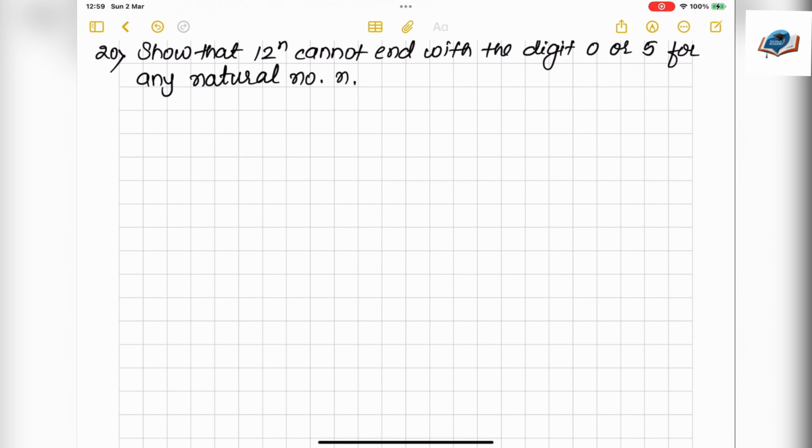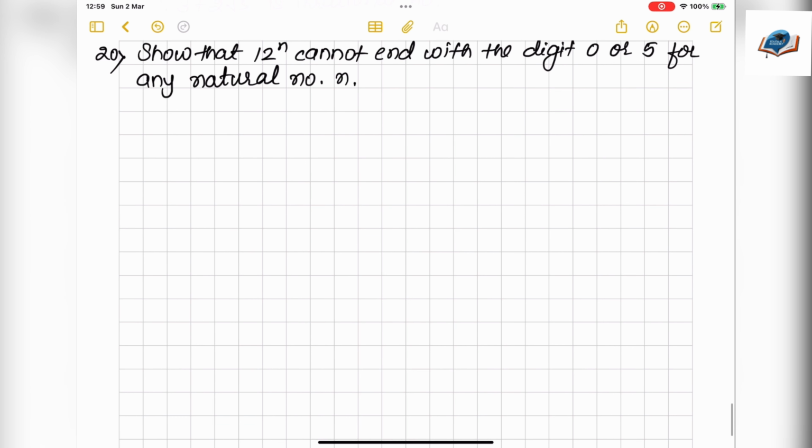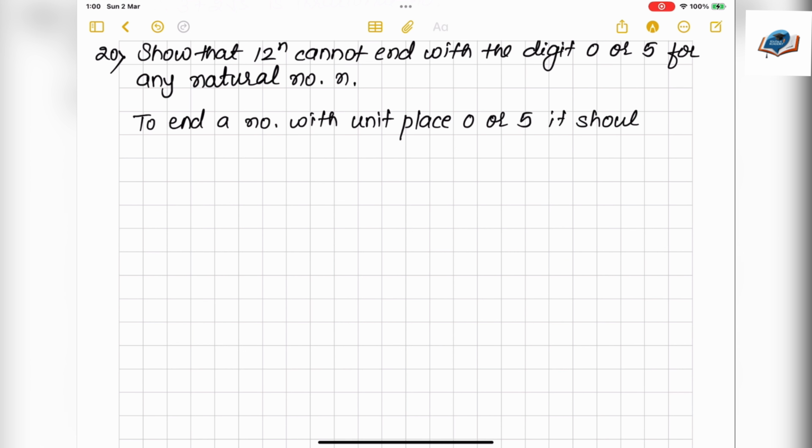Now 20th one says show that 12 raised to n cannot end with the digit 0 or 5 for any natural number n. So to end in a number with unit place 0 or 5, it should have 5 as a factor.